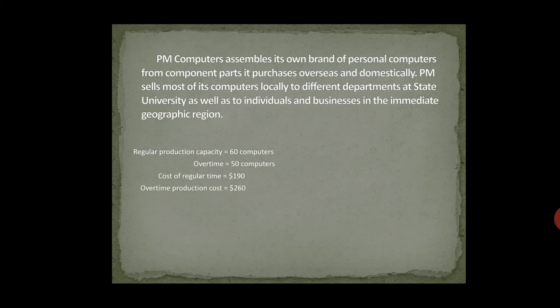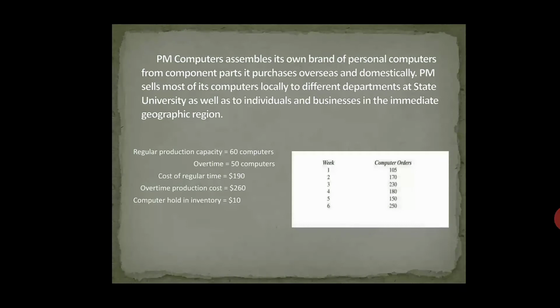Overtime production of a computer costs $260. Furthermore, it costs $10 per computer per week to hold a computer in inventory for future delivery. PM wants to meet all customer orders with no shortages to provide quality service.